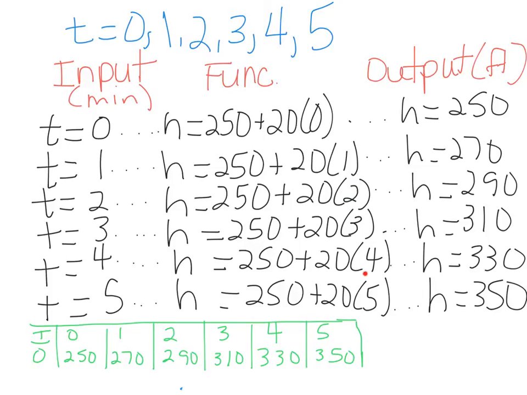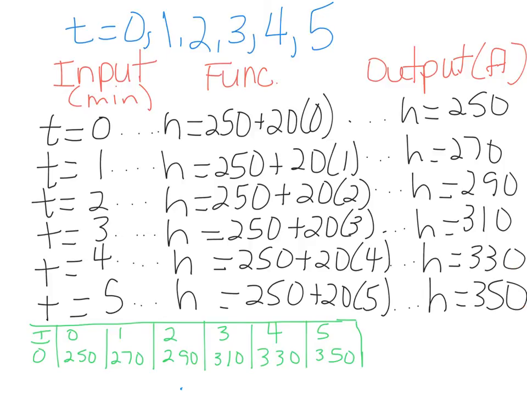We put our input information in for t, plug in 0, 1, 2, 3, 4, and 5. Then we solve, and we end up with h is 250, 270, 290, 310, 330, and 350.